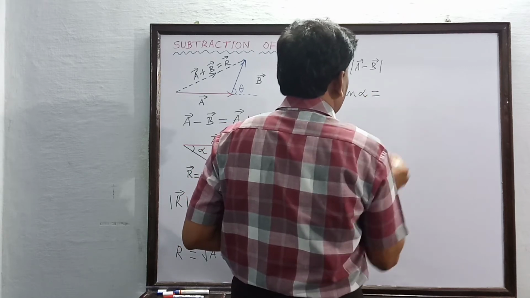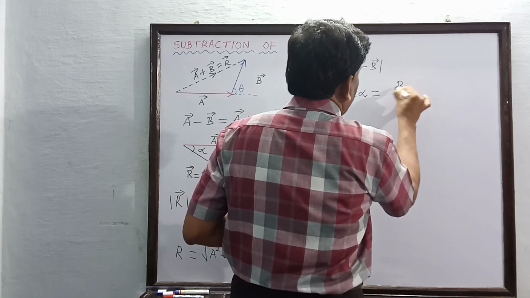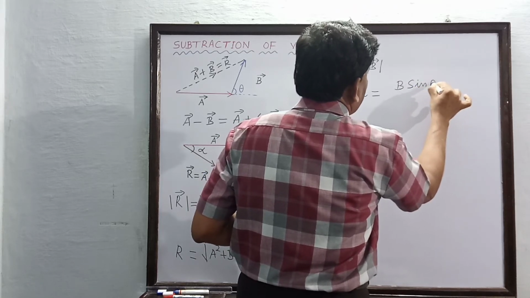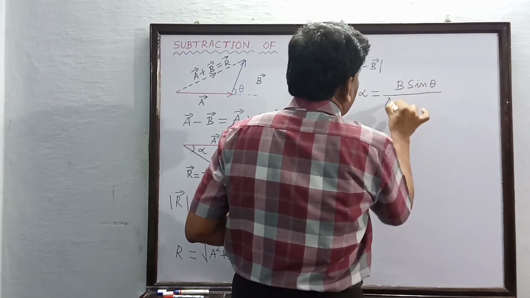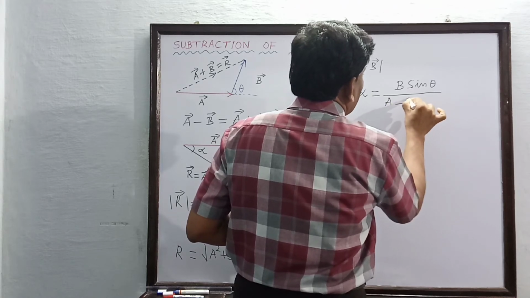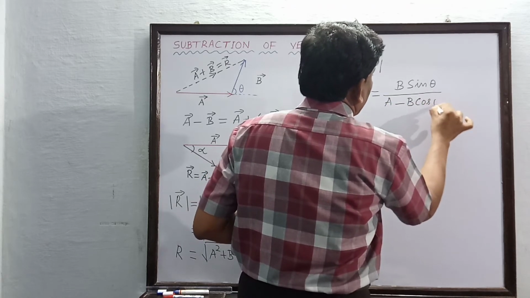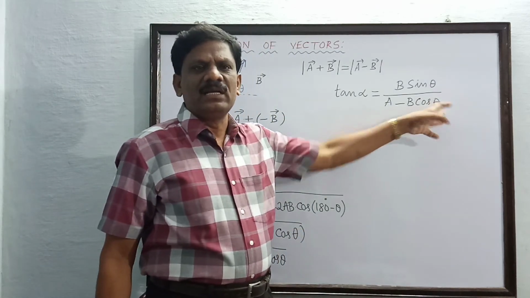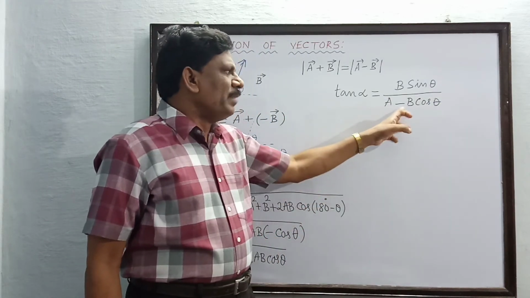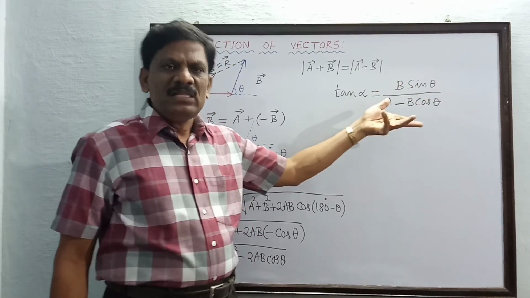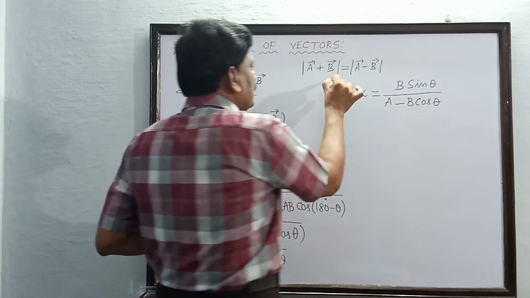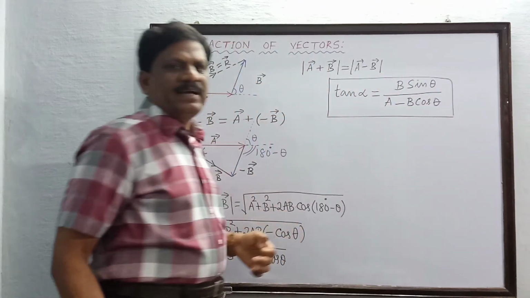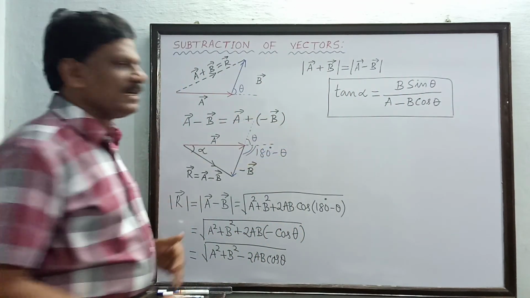So tan alpha is equal to b sin theta divided by a minus b cos theta. Earlier we have studied a plus b cos theta. Now it will come as a minus b cos theta. That's the only difference.